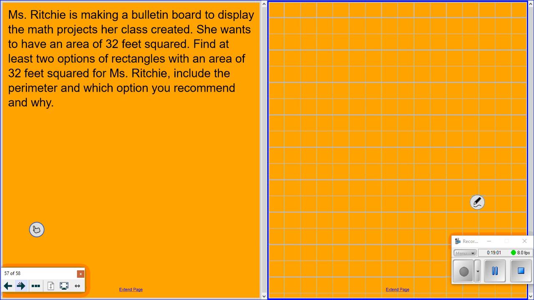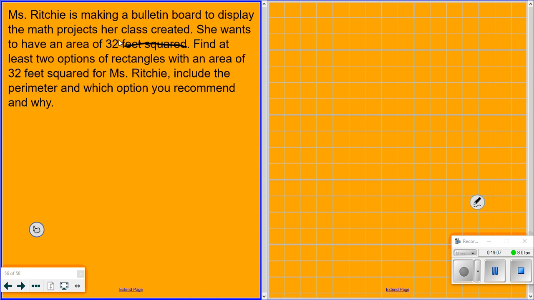She wants to have an area of 32 square feet. Find at least 2 options of rectangles with an area of 32 square feet for Miss Ritchie.